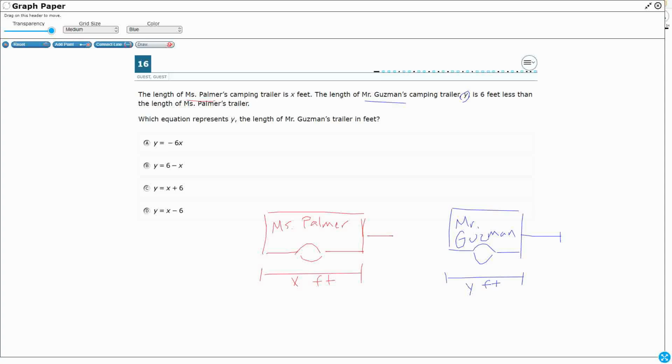Okay, so I want to take this and translate it into a number sentence because that's going to help us here.